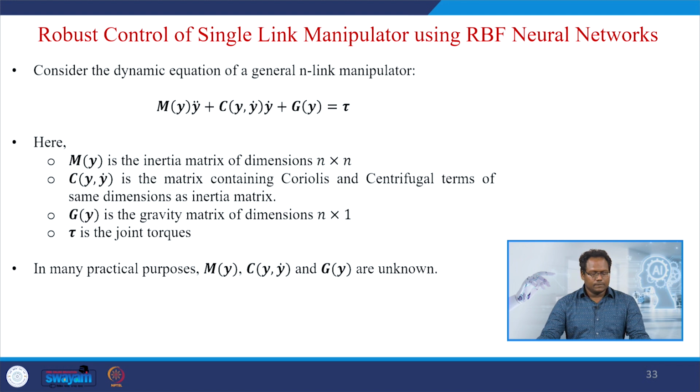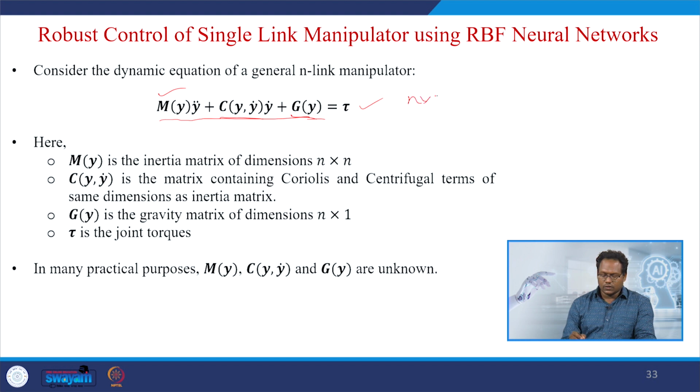We know that the dynamic model of a general n degrees of freedom robotic system is given by tau equal to M of y y double dot plus C of y comma y dot into y dot plus G of y, where M of y is the inertial matrix of size n cross n, which is a function of y, C of y comma y dot is called the Coriolis and centrifugal matrix, which is a function of both y and y dot, G of y is a gravity vector of size n cross 1, which depends on y, and tau is the joint torque vector of size n cross 1.